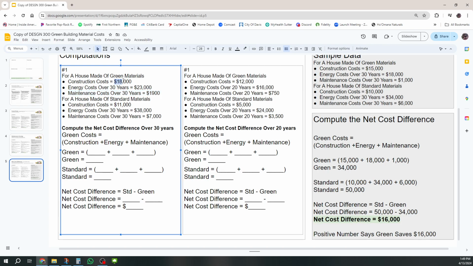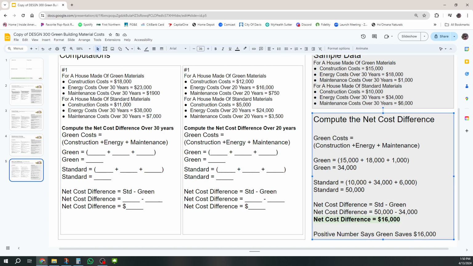So I know I've got a construction cost of $18,000, energy costs of $23,000 over 30 years, and $1,900 maintenance. And for a regular one, it costs less to build, $11,000, but my energy is way higher. My energy costs were $38,000, and my maintenance was $7,000.